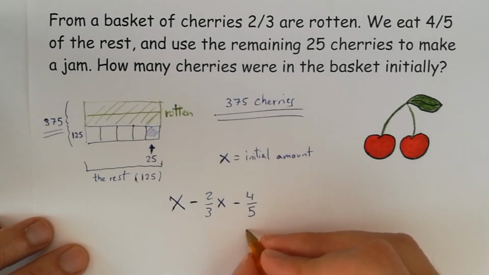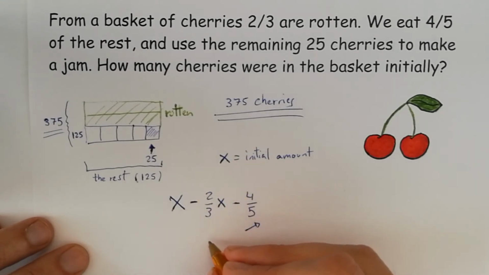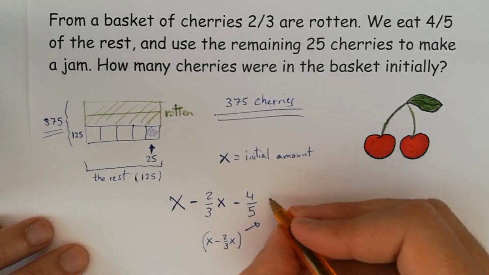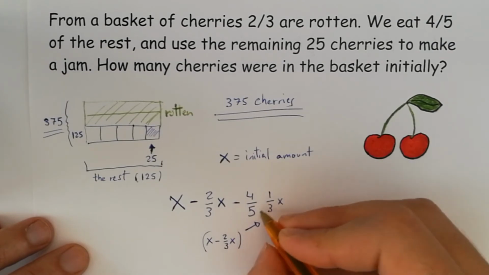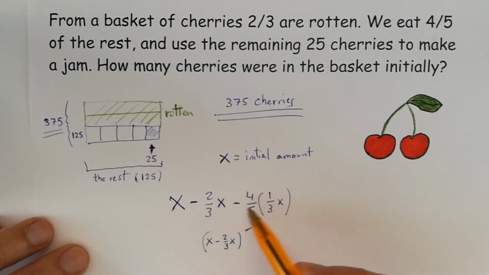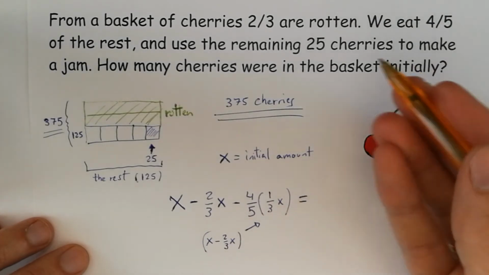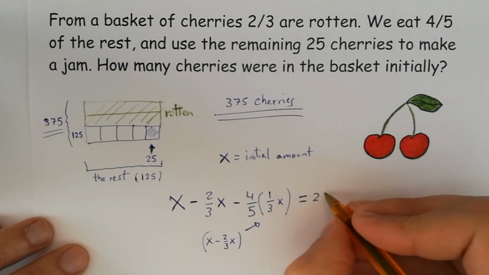Be careful with that, because if we had 2/3 that were rotten, x minus 2/3 of x, here we find out that 1/3 of x were the rest. So 4/5, we take away this part, rotten, this part, we eat it, and then the result, the remaining cherries, are 25.